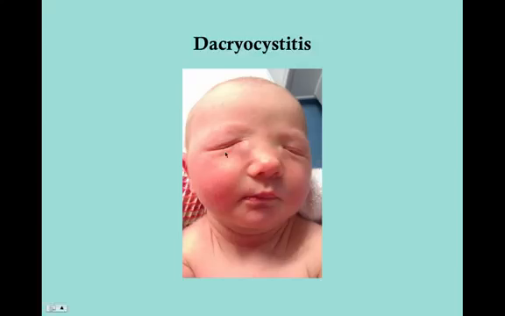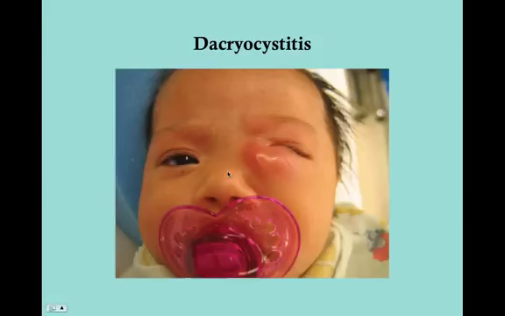Now here's a baby. You can see that this is unilateral, and this is probably due to an anatomic defect. But this is acute dacryocystitis in this case. And then here's another baby here.